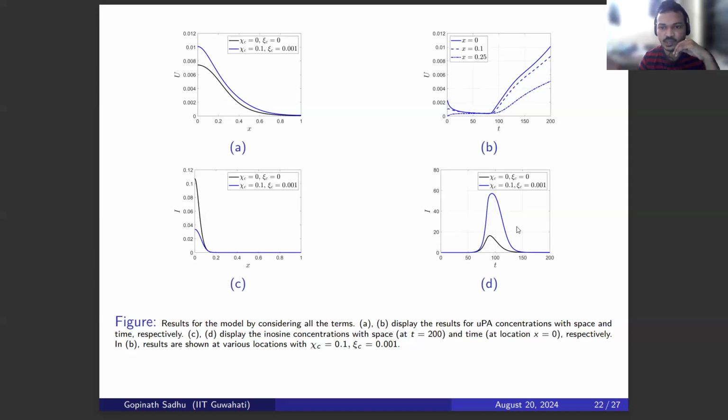And this is the temporal distribution of inosine for both cases, when diffusivity only is considered and when chemotaxis and haptotaxis are considered.